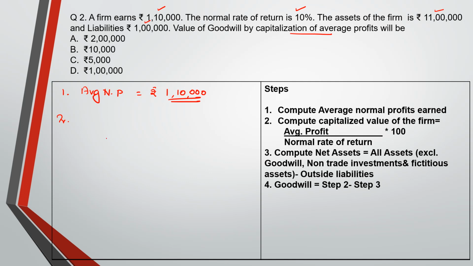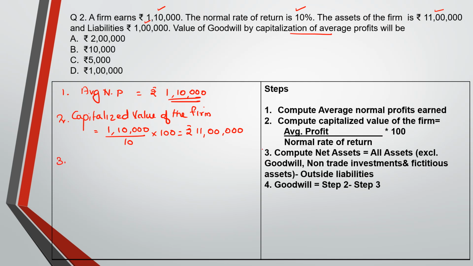So now here we have to find out the capitalized value of the firm. We have the average profit here 1,10,000. The normal rate of return given here is 10%. So divide by 10 into 100, you get it as 11 lakh. So we have ascertained that 11 lakh is the capitalized value of the firm.